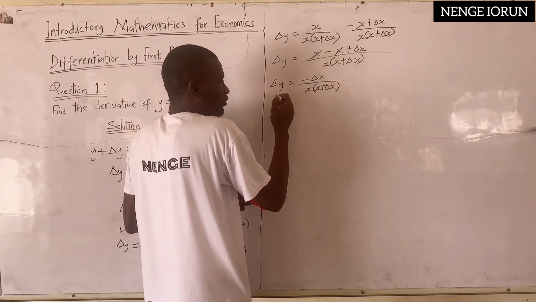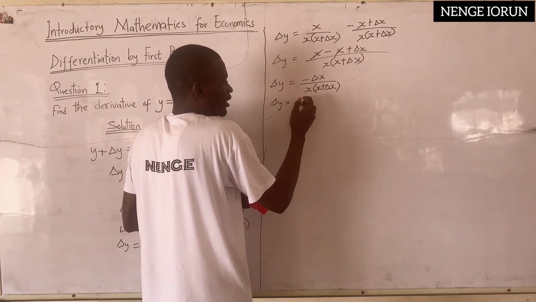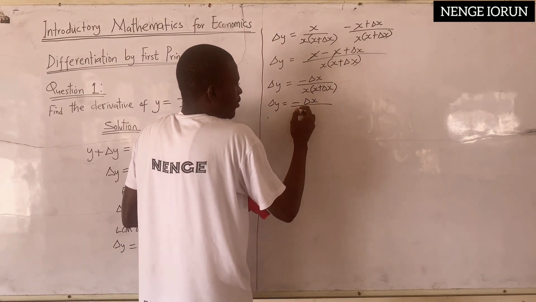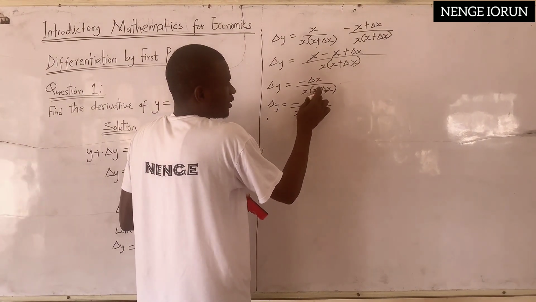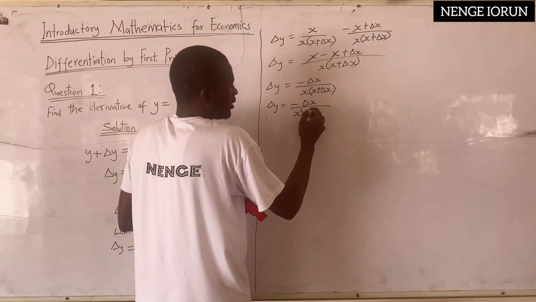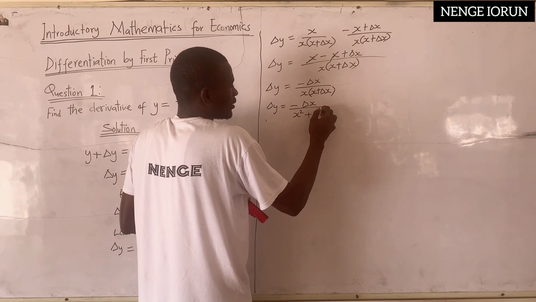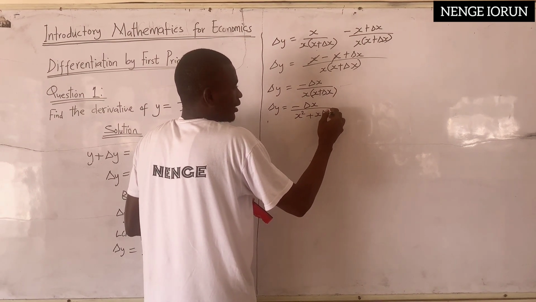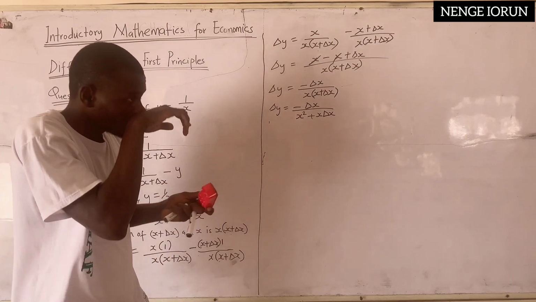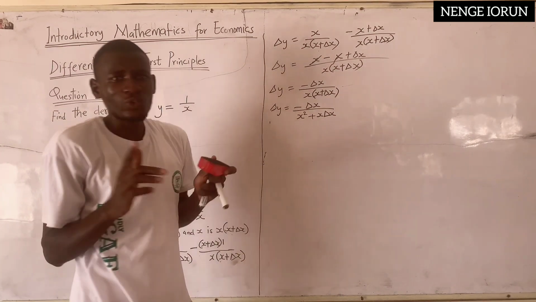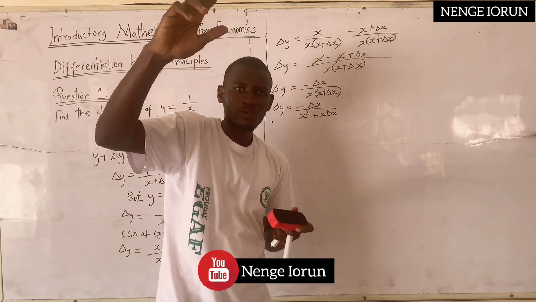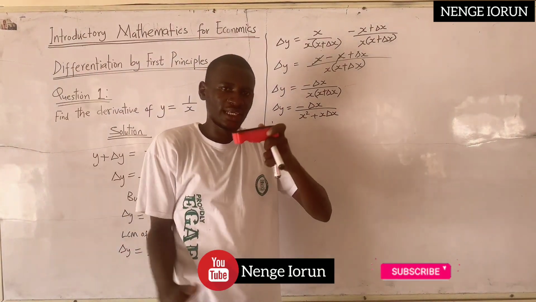By clearing the bracket, you have delta y is equal to negative delta x, then x times x is x squared. x times delta x is plus x delta x. So now, you want to get a situation where you will have delta y with respect to delta x.